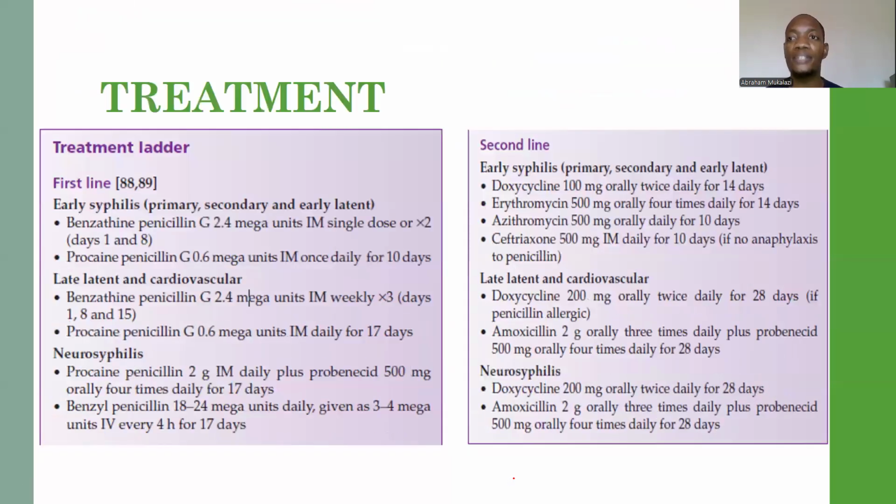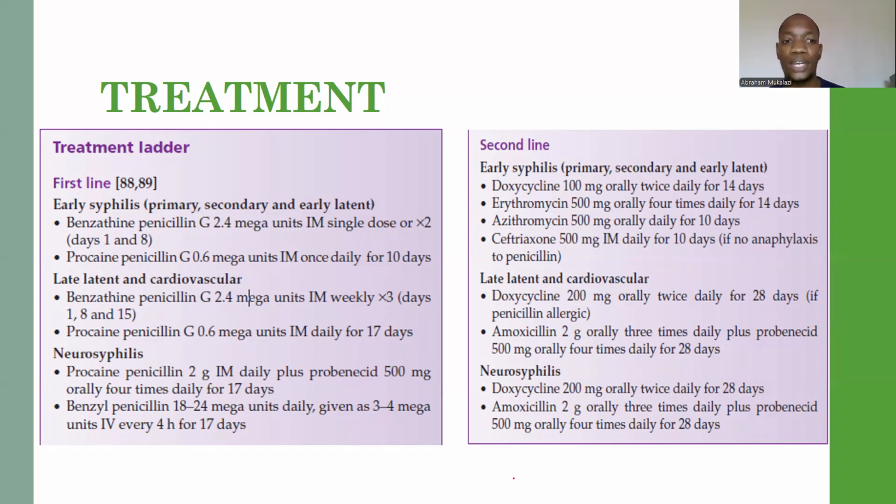So when you go to treatment, this is now a recommendation. Depending on the type of syphilis, these are the drugs and the different regimens. Starting with the first line, if someone has early syphilis, that is primary, secondary, or even early latent, you can use benzathine penicillin G, 2.4 mega units, as a single IM injection on day 1 and then day 8.